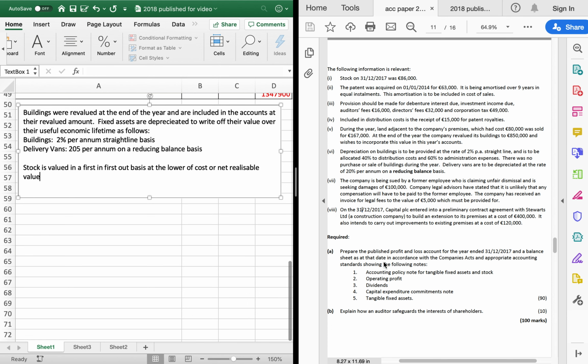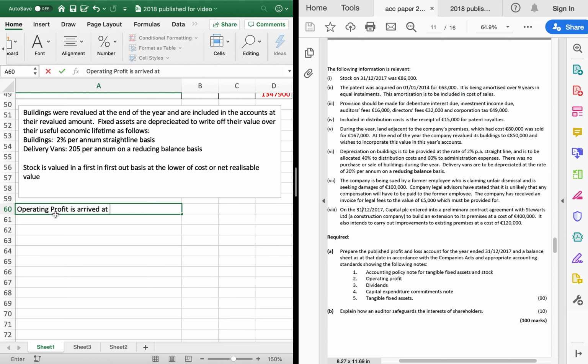Okay. I don't know that of those marks, that's what, 6 out of your 24. I'm looking at the marking scheme here. Working two is your working on operating profit. So what we write is operating profit is arrived at after charging the following.